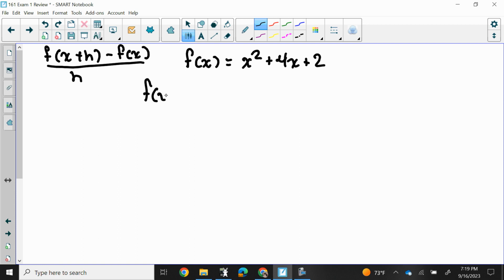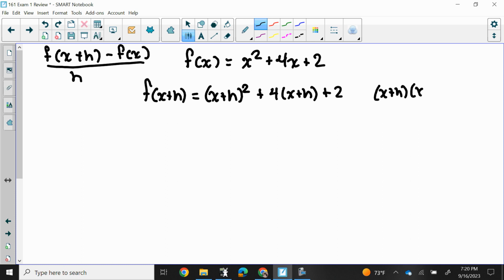So f of x plus h would equal x plus h squared plus 4 times x plus h plus 2. Now remember, x plus h squared is this, right? So that's x squared plus 2 times x times h plus h squared, right?